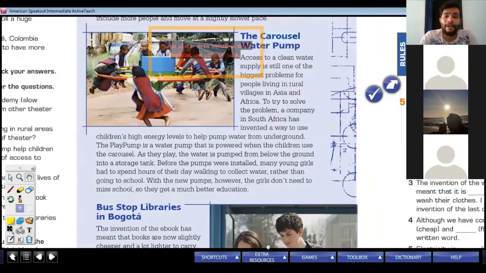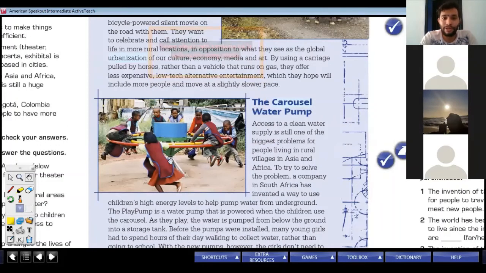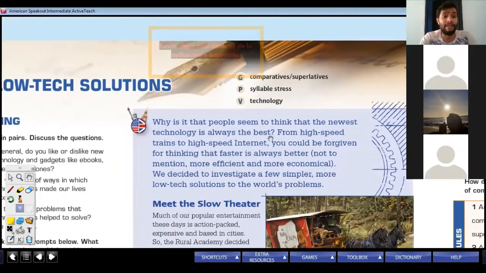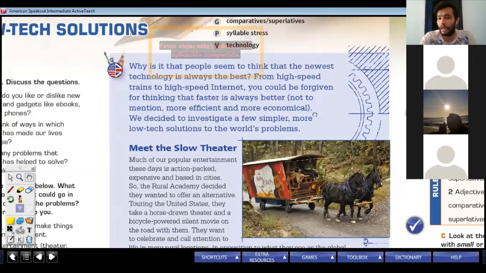Here we have a picture in which we see a group of children playing. And in the first one, we have a carriage being pulled by some horses. We call it here a theater, actually a motion theater, because you can move it from one place to another. So meet the Slow Theater. These are some low tech solutions that people have invented to make people's life easier, as we were saying before, right?